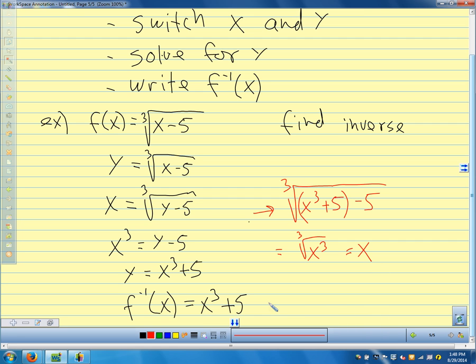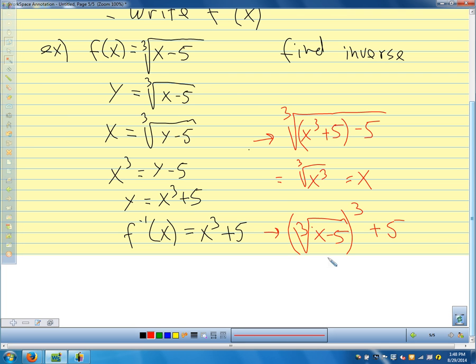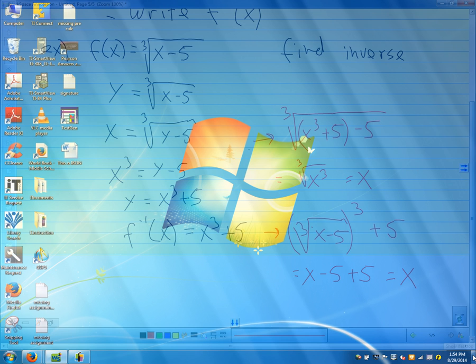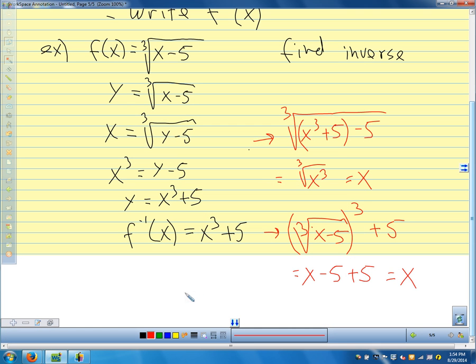And then if I wanted to go the other direction, I would do the cube root of x minus 5, cubed, plus 5. And this would just be x minus 5 plus 5 equals x. So just make the compositions like we did in last night's homework, just rather than with f and g, we do it with f and f inverse. Okay?